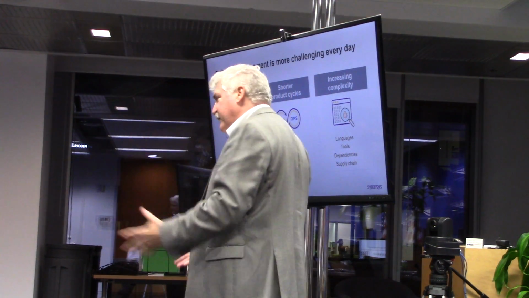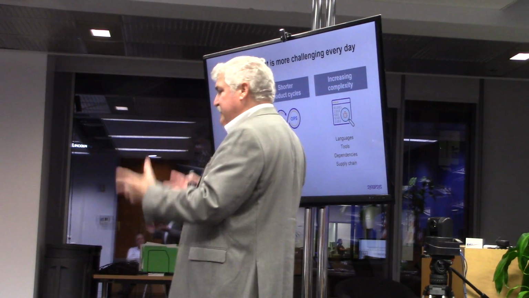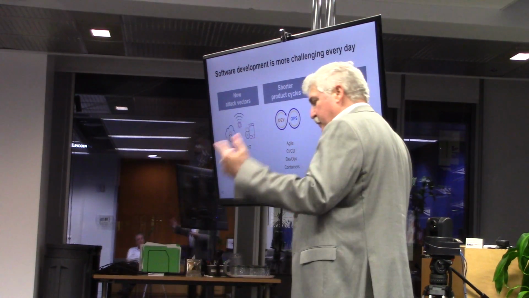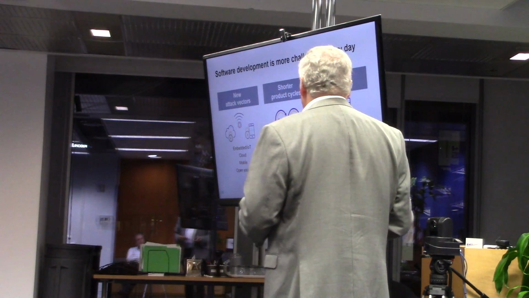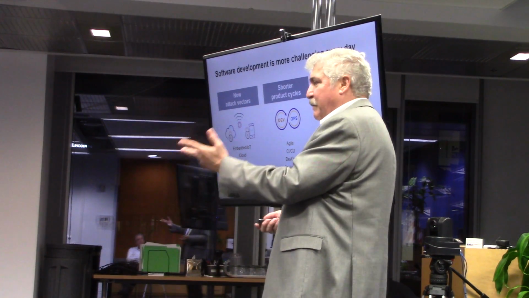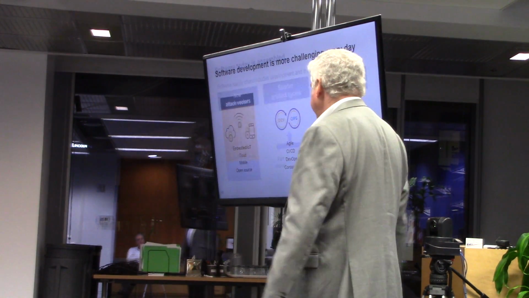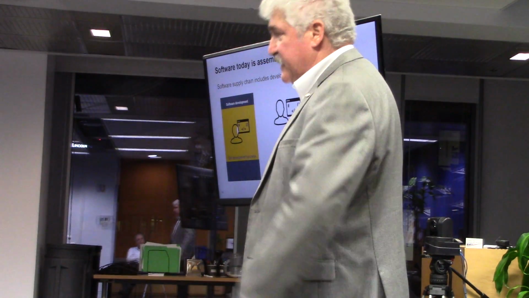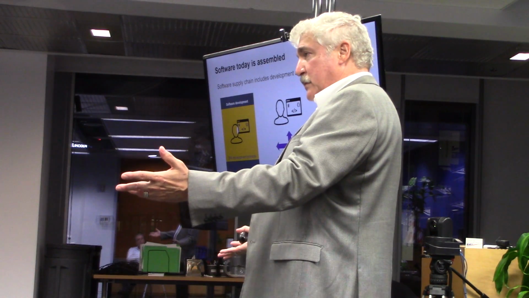You've got all of this happening. Our development environments have to respond very quickly, and there's increasing complexity with all the tools, the languages that are out there, dependencies, and this supply chain of third party. And that's where I mentioned earlier that today the majority of software is composed, or assembled.